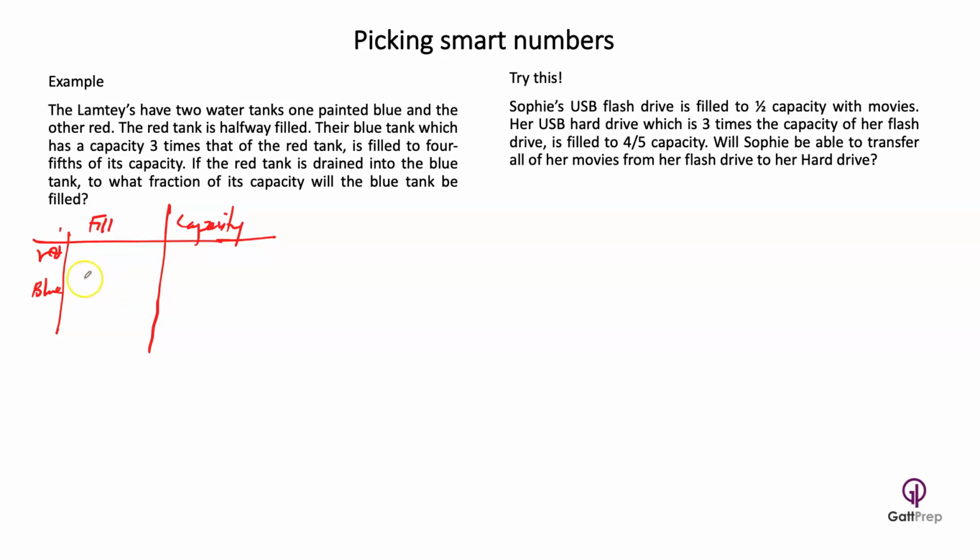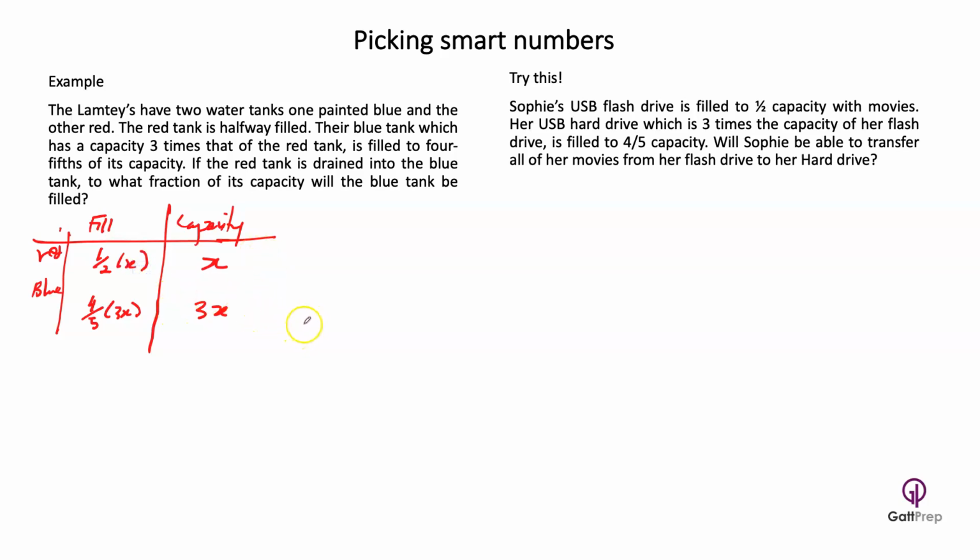And we know that the red tank is halfway filled, half, and its capacity is X. The blue tank is 3 times the capacity of the red, and it is filled to 4/5 of its capacity. So this is what we have right here.